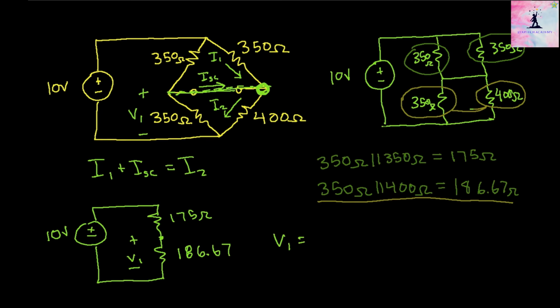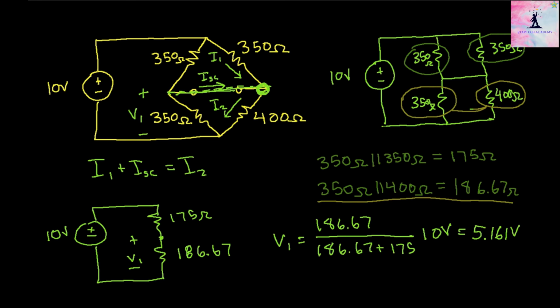V1 will be 186.67 over 186.67 plus 175 times 10 volts, which, when I work this out, gives me that V1 is 5.161 volts.